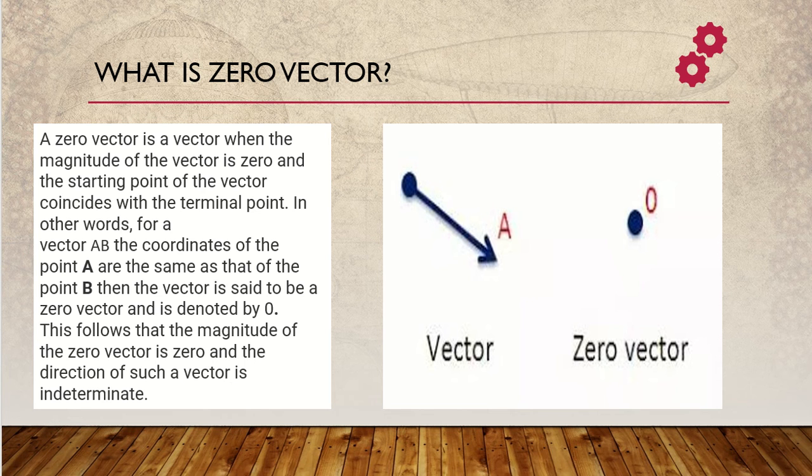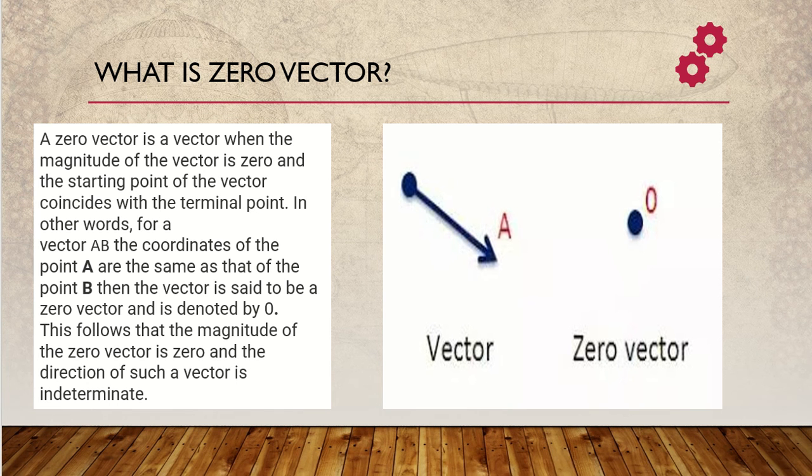In other words, for the vector AB, the coordinates of point A are the same as those of point B. Then the vector is said to be a zero vector and it is denoted by 0 with an arrow mark above the 0. The magnitude of the zero vector is 0 and the direction of such a vector is indeterminate.